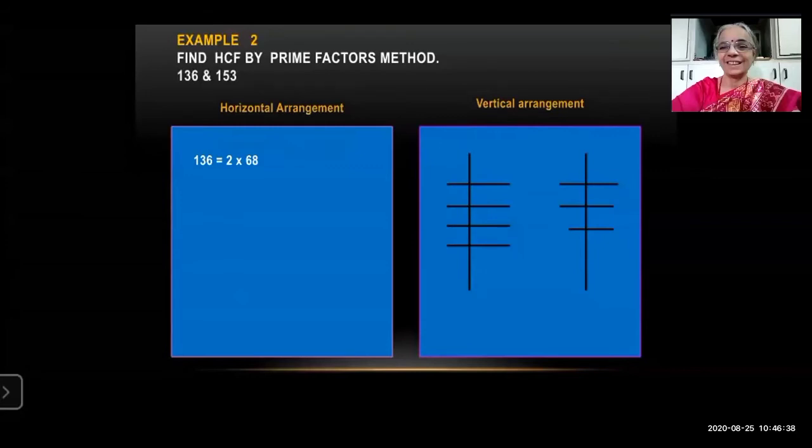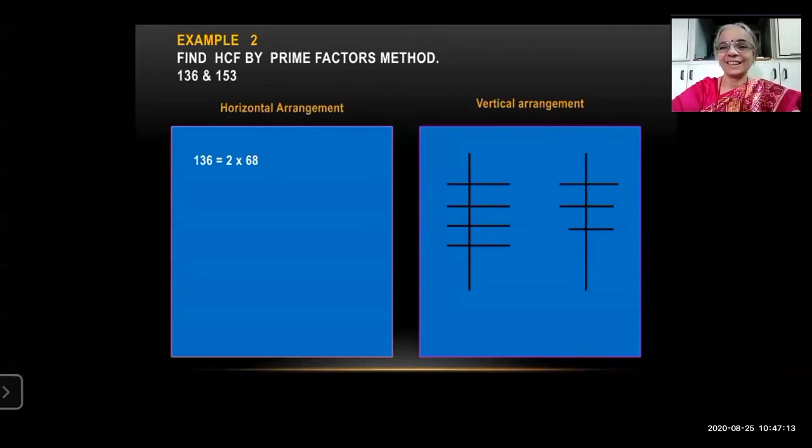So factorize 68. At the unit place 8 is there, so it can also be divided by 2. Those who can divide orally will divide orally. Otherwise, take out your rough page. No problem, you can follow any method, dividing on the rough page or dividing orally.